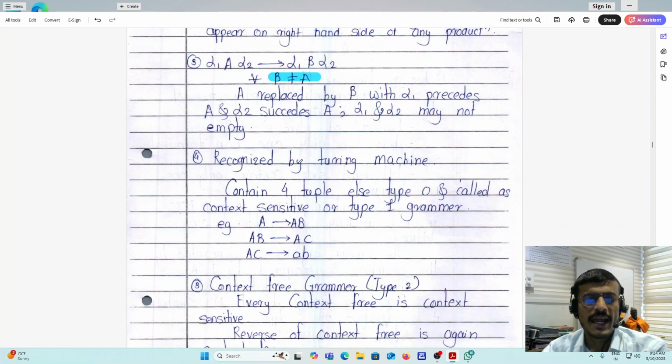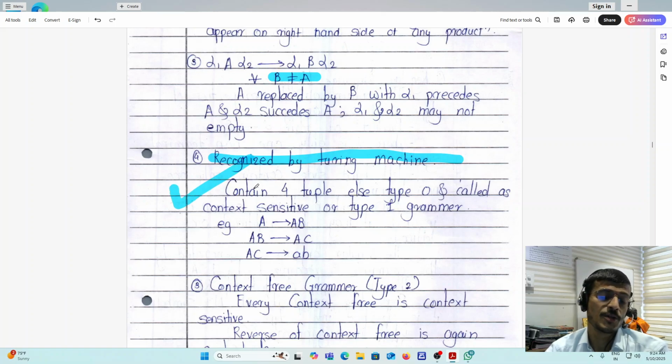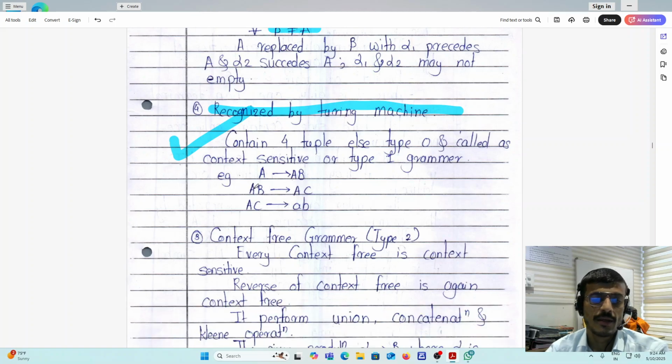And it is also recognized by a Turing machine, which is nothing but the halting acceptance problem. So that is the context sensitive language accepted by a Turing machine with halting acceptance, or it is also called type 1.